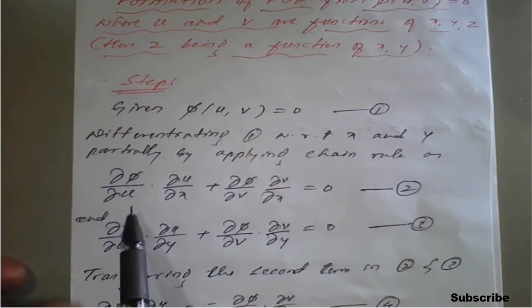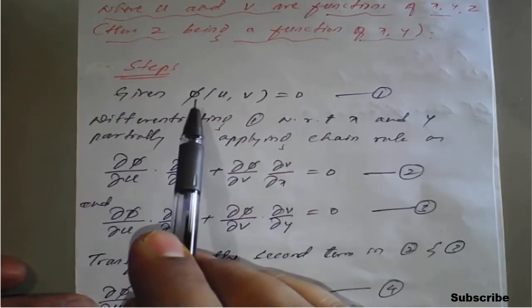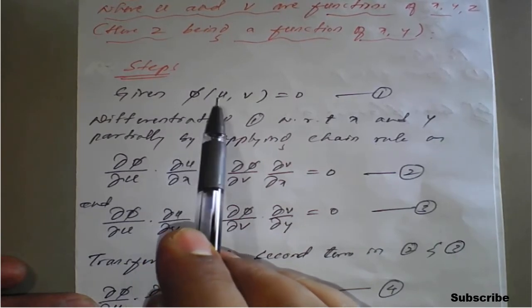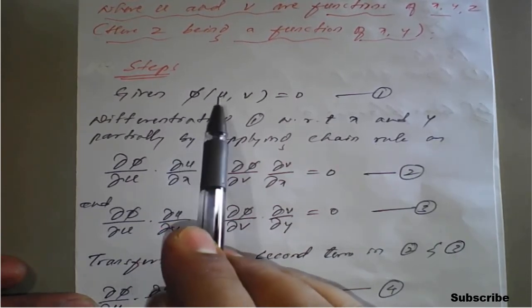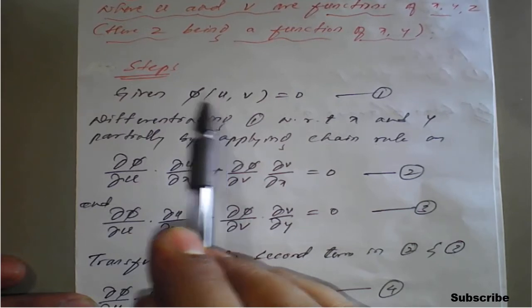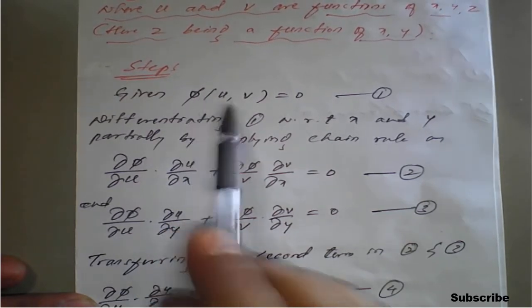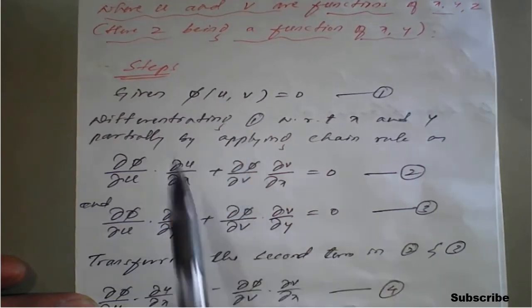So how to write the chain rule? Just see here. We have to differentiate phi with respect to u, then apply u with respect to x.